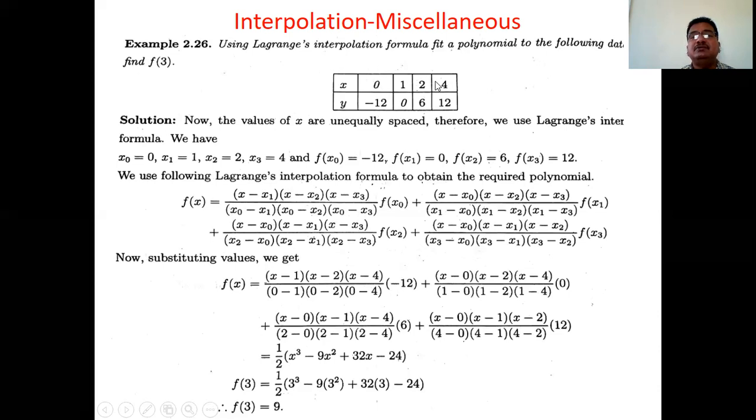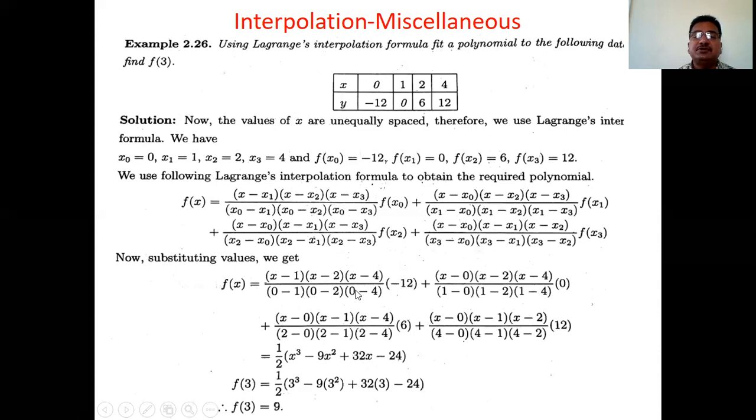We cannot use Newton's forward or Newton's backward interpolation formula. We use Newton's forward and Newton's backward only if the values are equidistant. So remember that Newton's forward and backward are applicable if the values of x are equidistant.